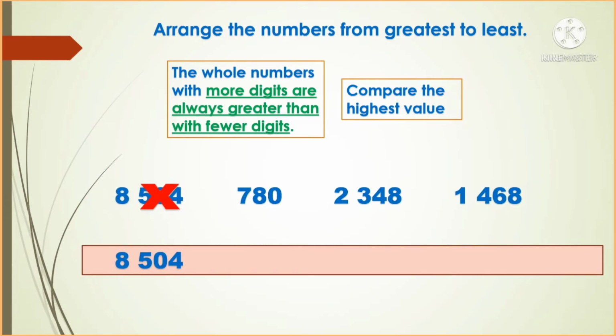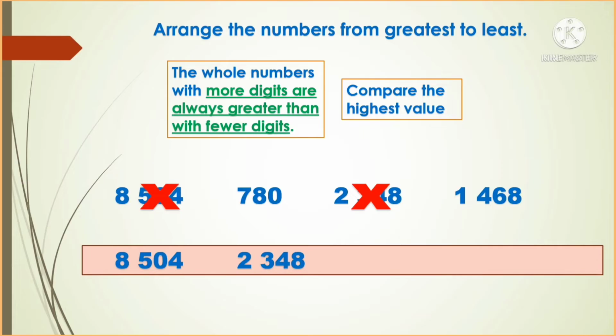Pagkatapos ay paghambingin muli ang mga sumunod na bilang. So, we have 2 and 1. Si 2 ay mas malaki kaysa sa 1. Kaya, 2,348 ang kasunod na bilang. So, i-cross out natin ulit ito.